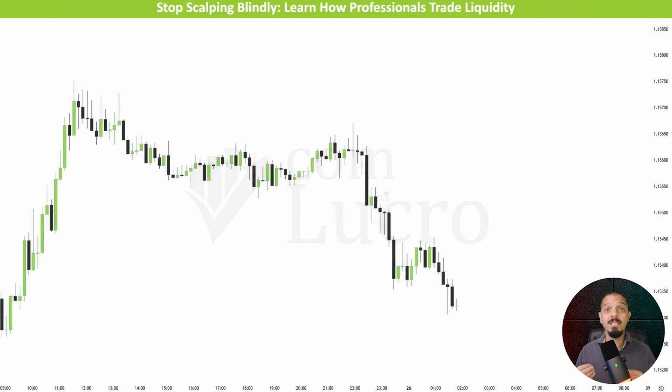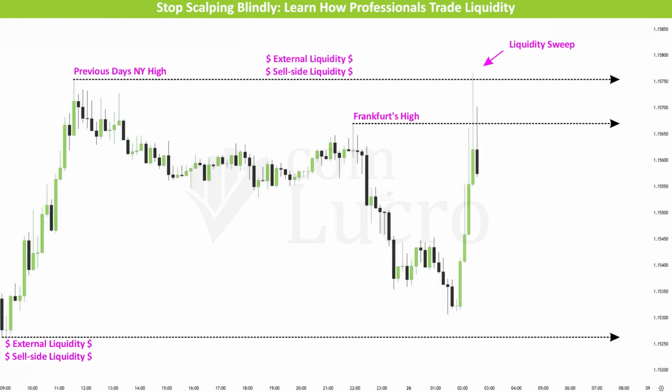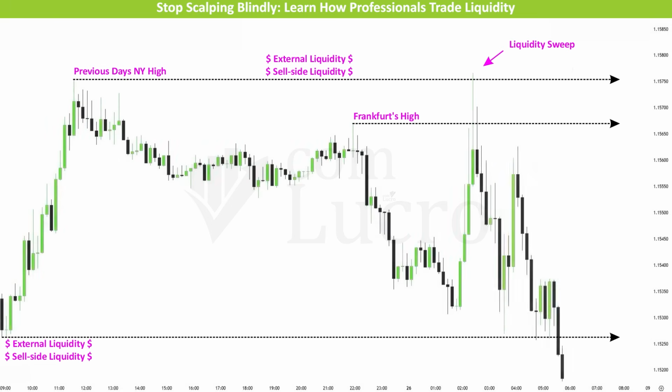Finally, we need to understand liquidity sweeps and how they reveal true market direction. A liquidity sweep focuses on one simple concept. Price runs liquidity above or below a key level, then quickly closes back inside that level's range, and from there drives toward liquidity on the opposite side.